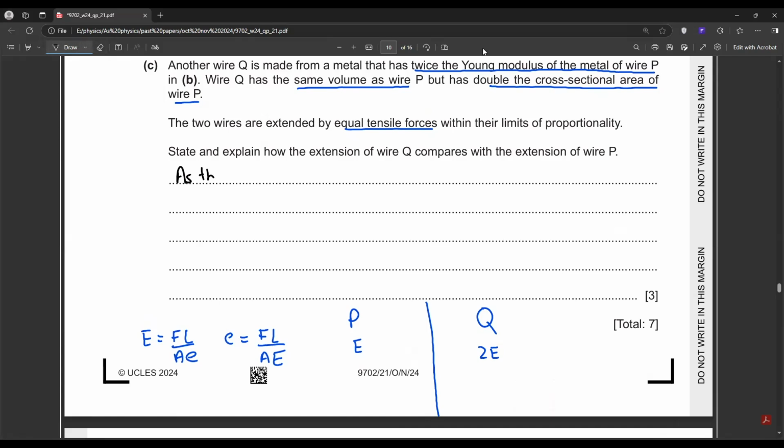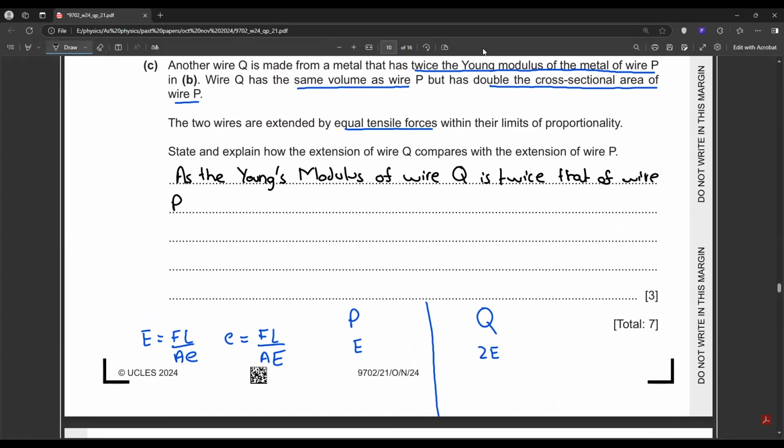As the Young's modulus of wire Q is twice that of wire P, what will happen?